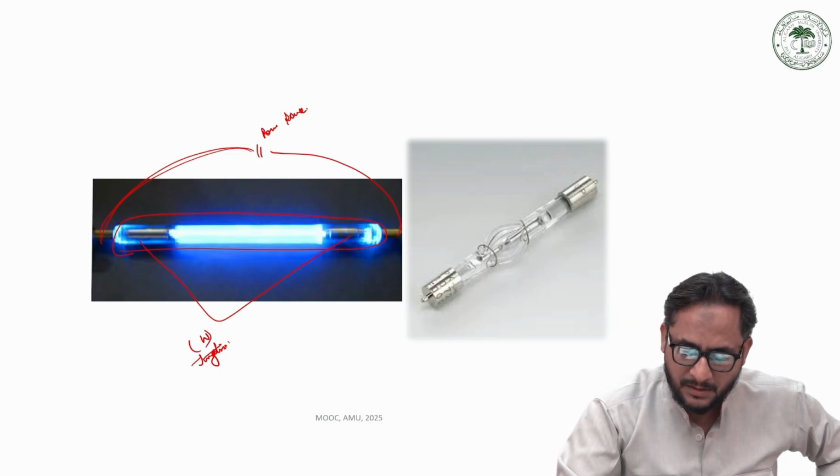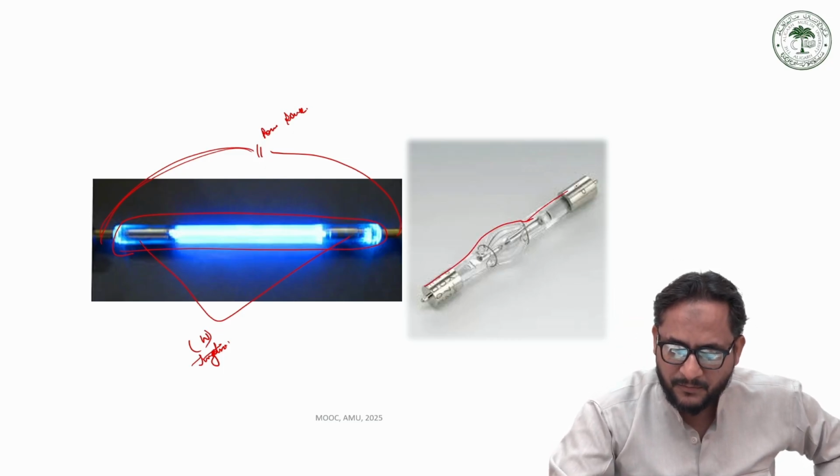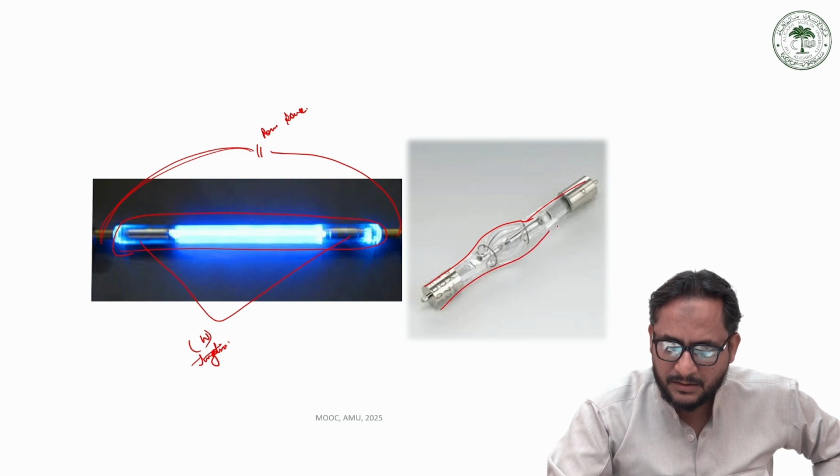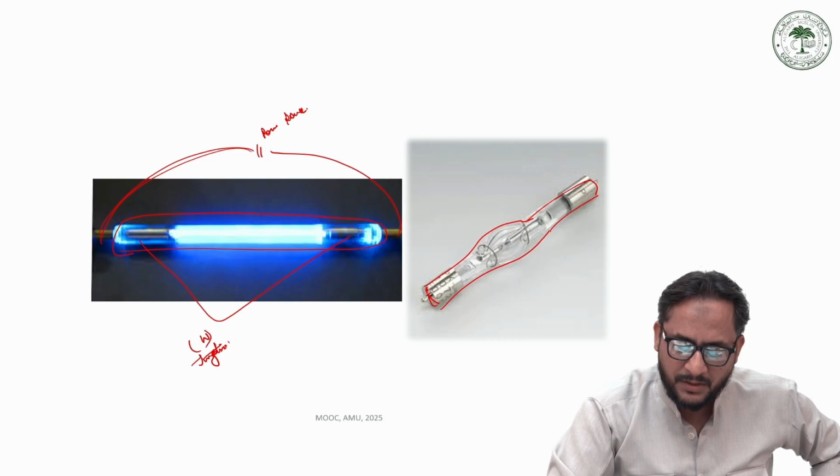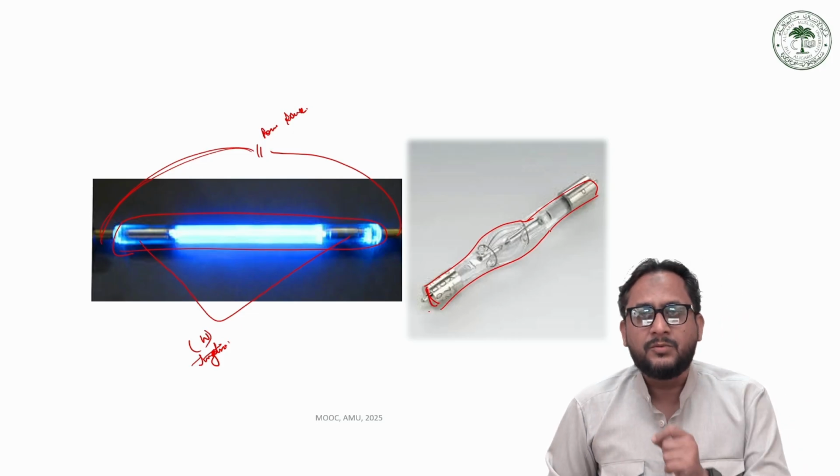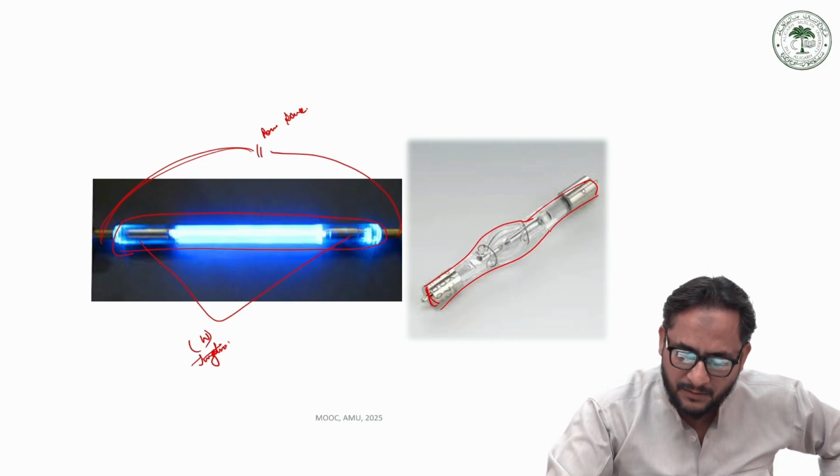This is an image of a xenon flash lamp when it is not illuminating, means when it is not connected to the power source. We have a quartz tube, we have two electrodes that are very close to each other.